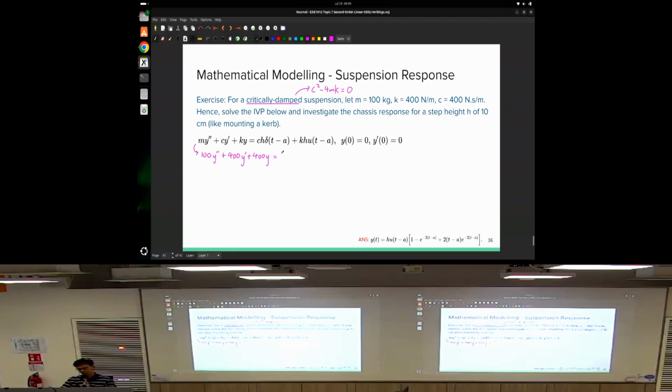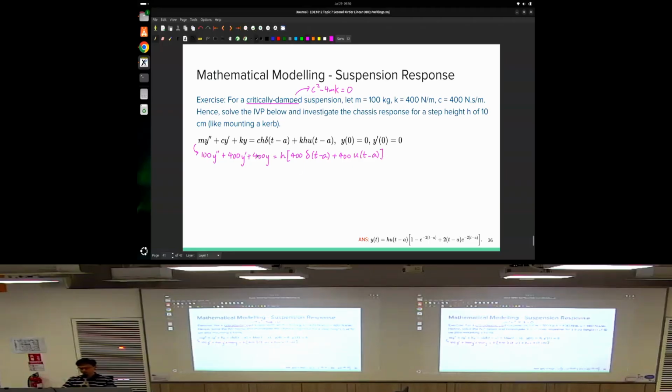So we factorize out the h: 400 times the delta function, t minus a, plus 400 times the unit step, t minus a.